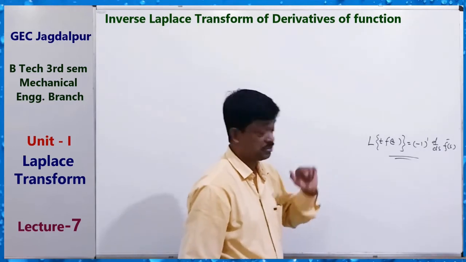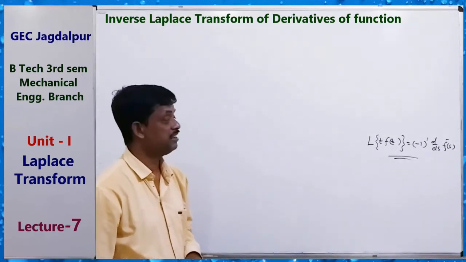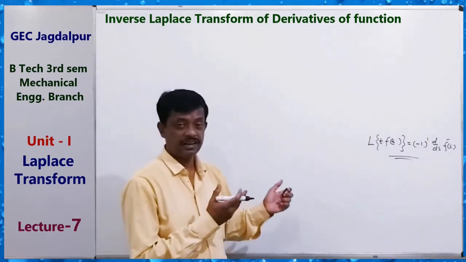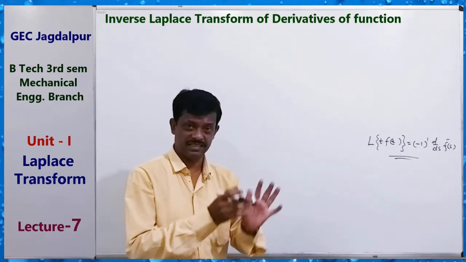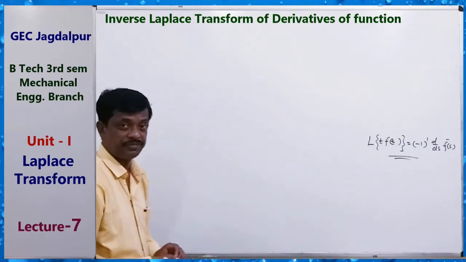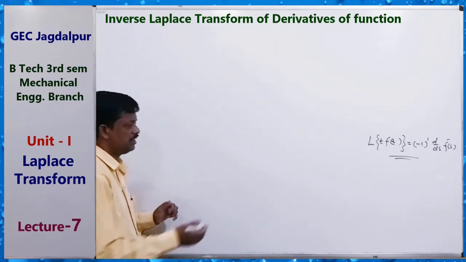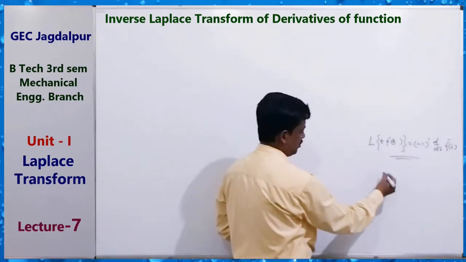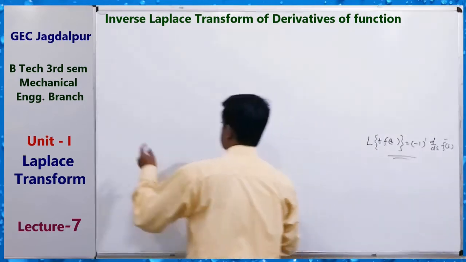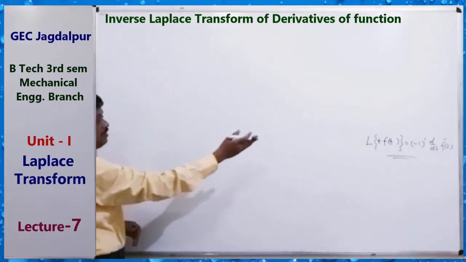So this formula is very, very important for finding the inverse Laplace transform of some function of s. Okay. Suppose we have to find, for example, first we have to write the formula.